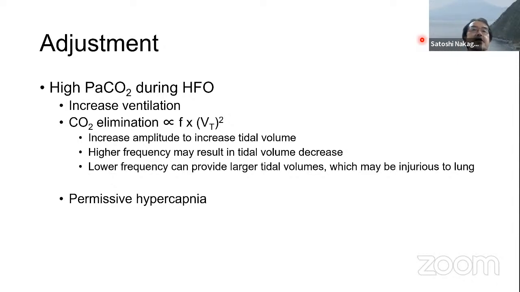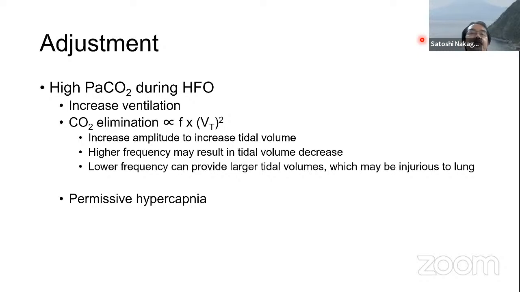Now, the adjustment of the CO2 level during high frequency oscillation. If we have a higher CO2 level, we try to increase the ventilation. As I showed in the diagram and equation before, CO2 elimination depends on the frequency multiplied by the square of the tidal volume. So the effective method to eliminate CO2 is to increase the tidal volume.